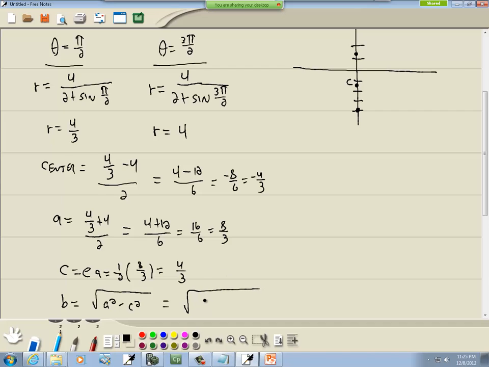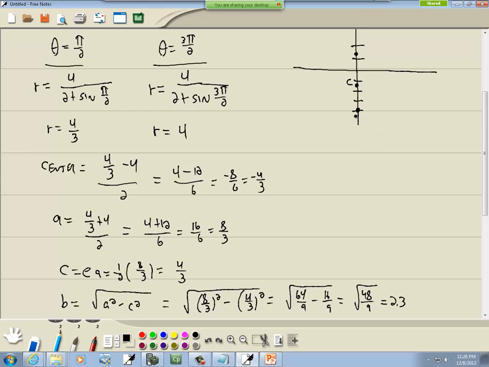Well, A was 8/3, so we got 8/3 squared minus 4/3 squared. That gives us 64/9 minus 16/9, which is square root of 48/9. This is just a bunch of basic math. What's that give us? 2.3. When you plug it in your calculator, you can see it. That's a way to check your math.